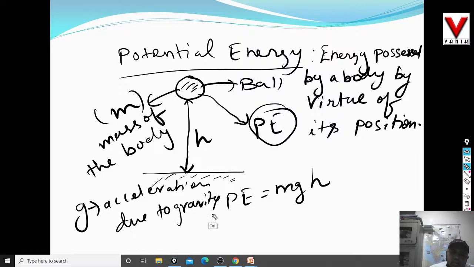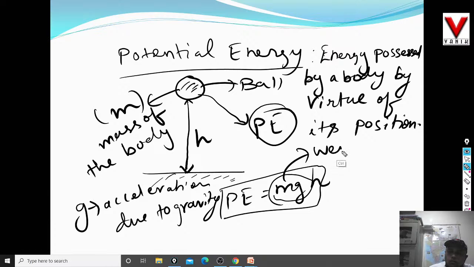We will study acceleration due to gravity in detail in the chapter called gravitation and satellite. Now look over here, this is my potential energy. I hope this is clear to you. m into g is the weight of the body.